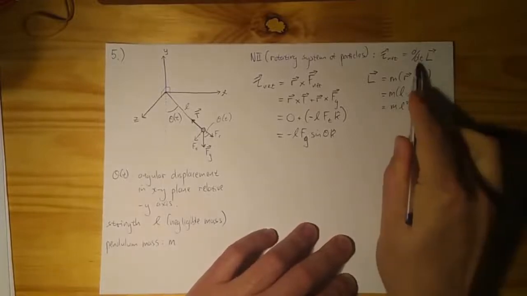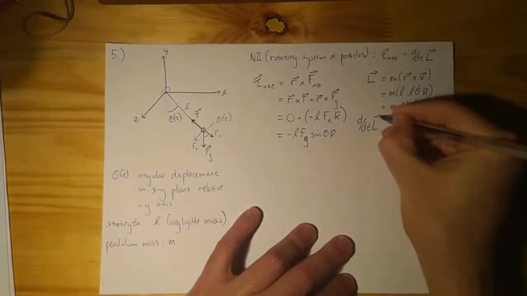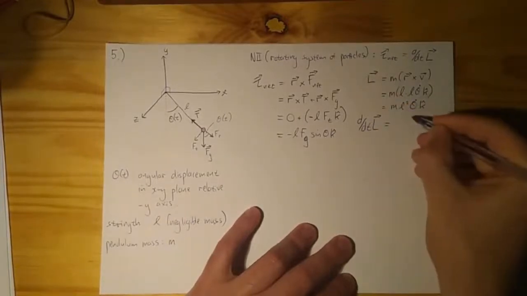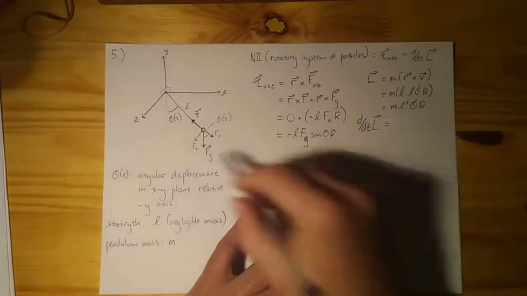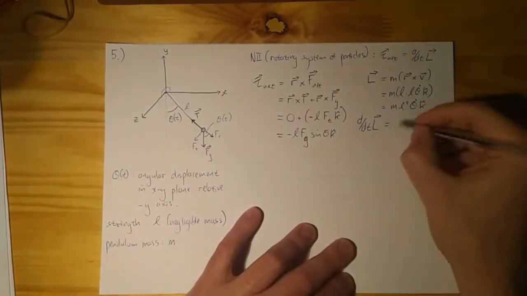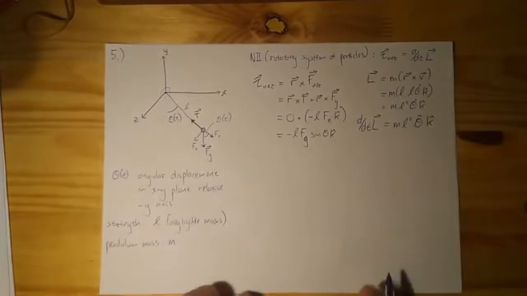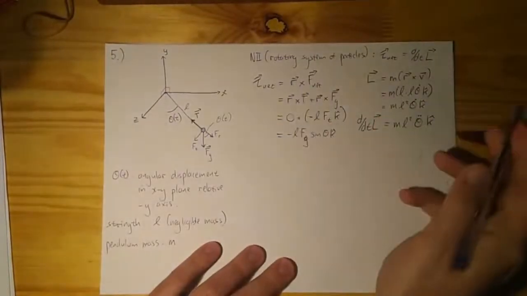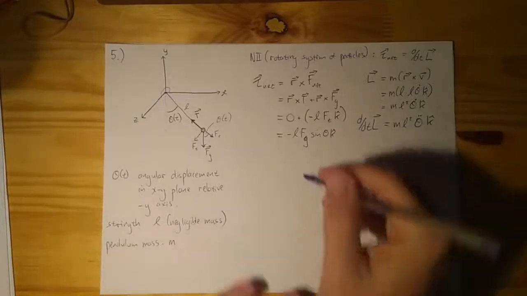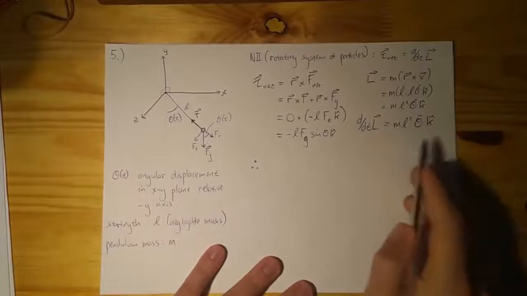All right, but we're after the time derivative of this. So d/dt of the angular momentum is therefore, those are just constants, the mass and the length of the string don't change, so it is just m L squared theta double dot K. Now Newton's second law in torque angular momentum form states that this is equal to that.